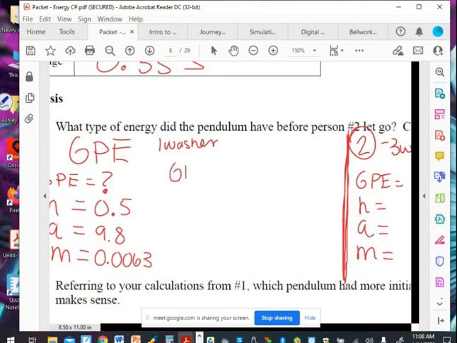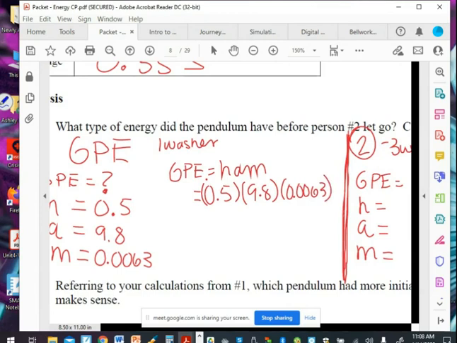So then the equation that we use, HAM. So this is a nice easy one. We're just going to plug these in. I'll put parentheses around them. 9.8 goes in. 0.0063 goes in. So all of these just get multiplied by each other. Nice easy calculation for us there.